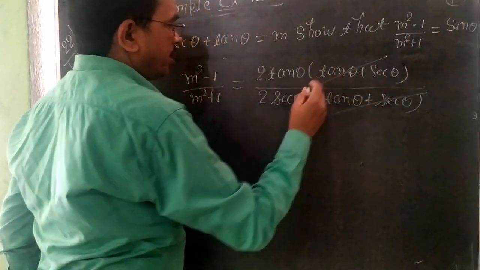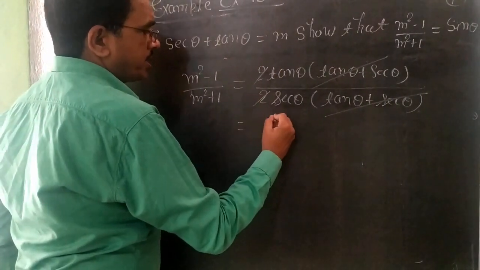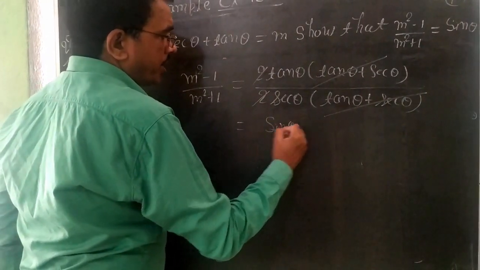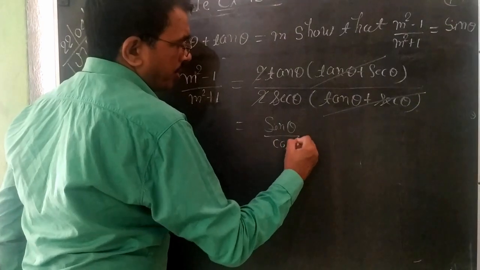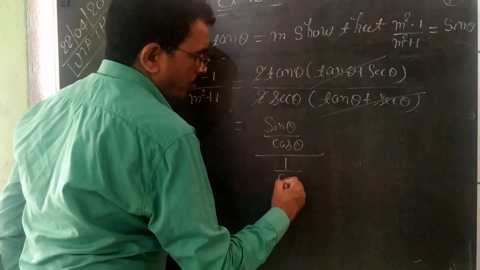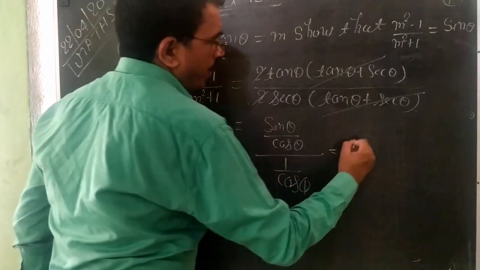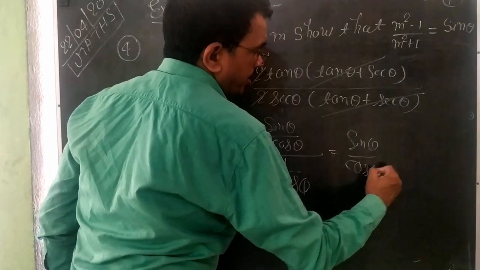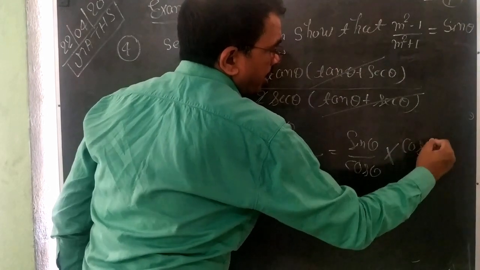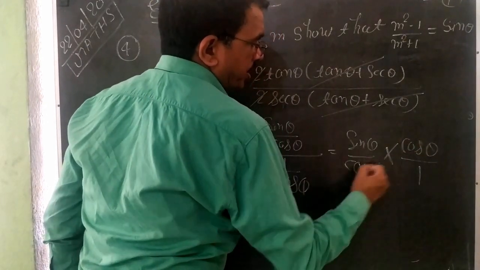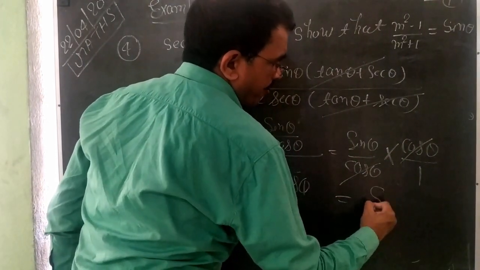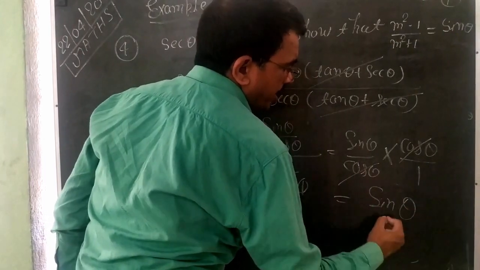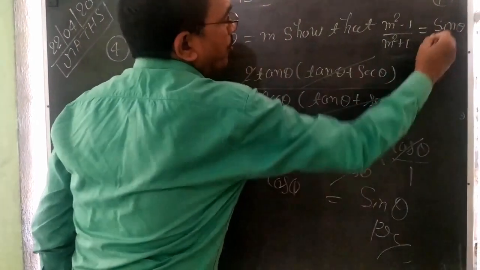This cancels, this 2 cancels. This tan theta is equal to sin theta by cos theta, and this sec theta is 1 by cos theta. What you get? You get here sin theta by cos theta into cos theta by 1. Then cos cancels. Then we get here sin theta remaining, and that is proved. You have to prove sin theta.